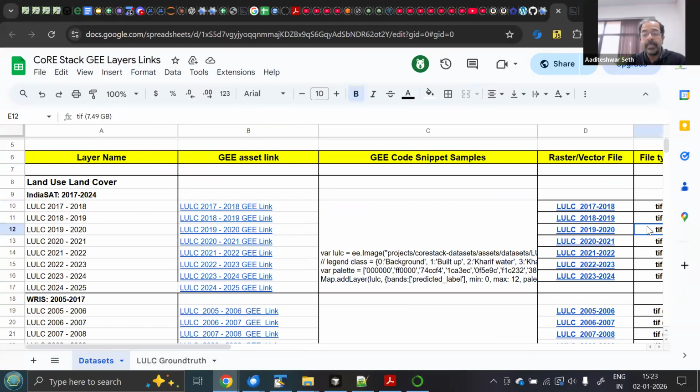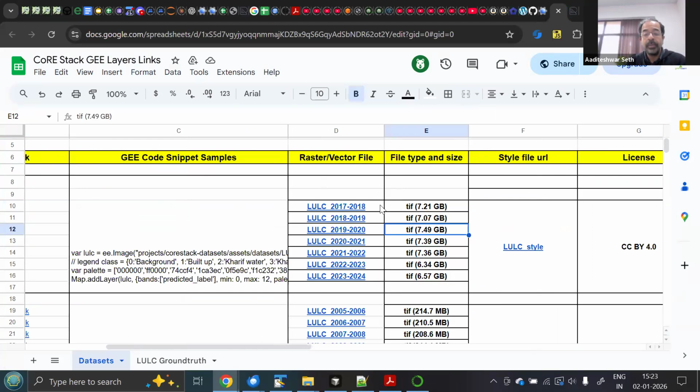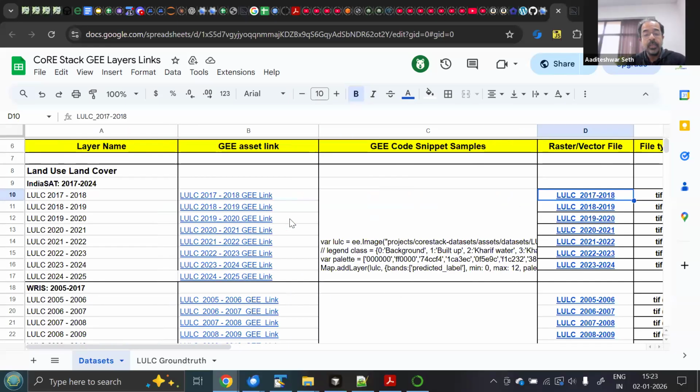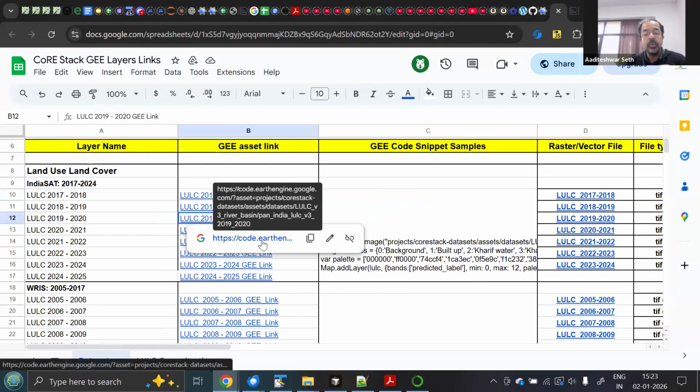This is the raster file, which is also pan India. But these are very large, 7 GB, 6 GB, and so on. So these are pan India. Don't use these for your local processing. If you're working on Earth Engine, use the Earth Engine asset, because Earth Engine has all of it spatially indexed and you'll be able to use it easily.